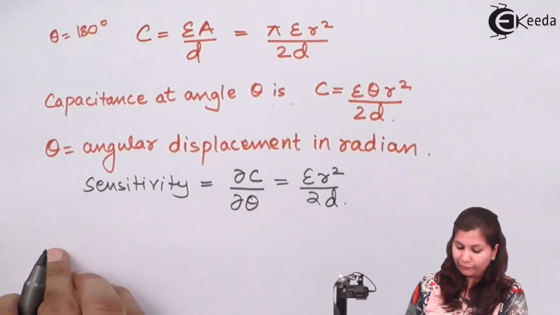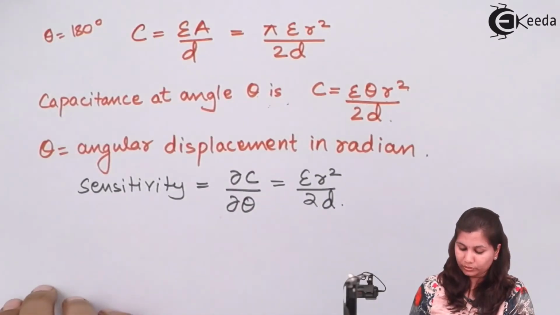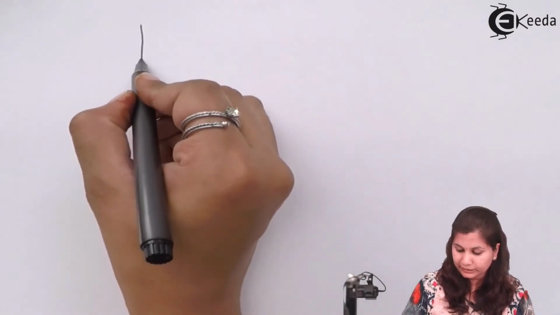So if we draw the graph for this, a linear relationship is there, the graph will be linear.